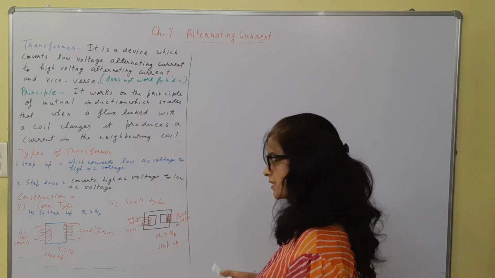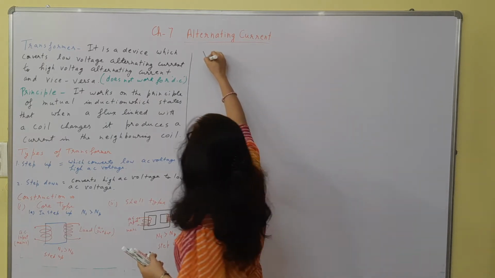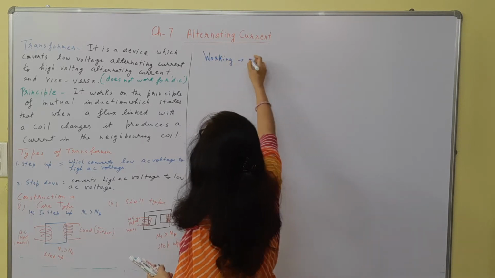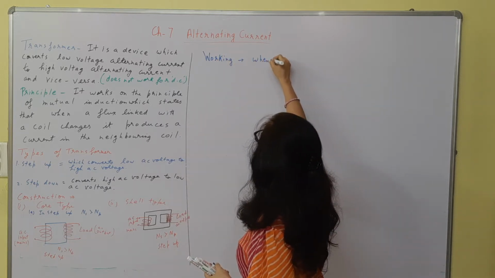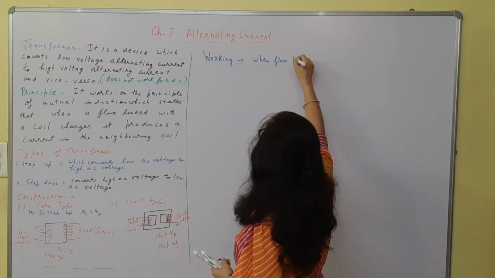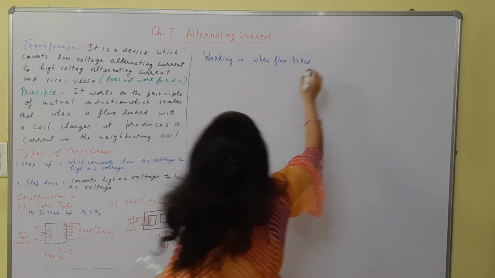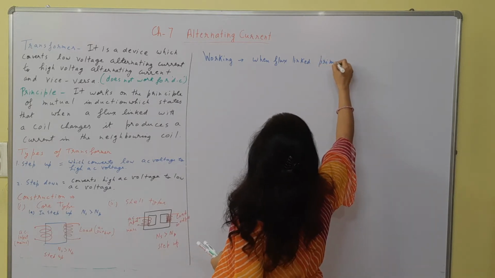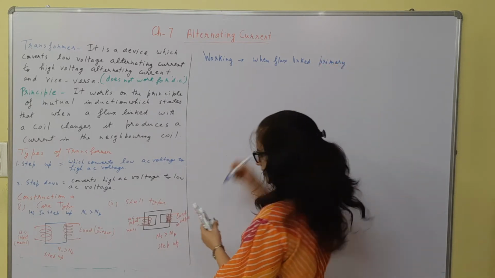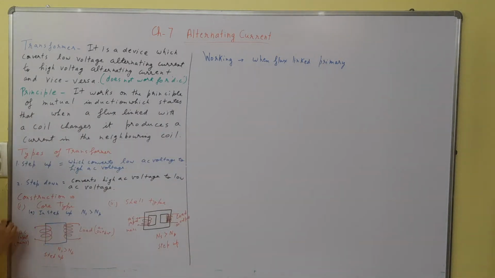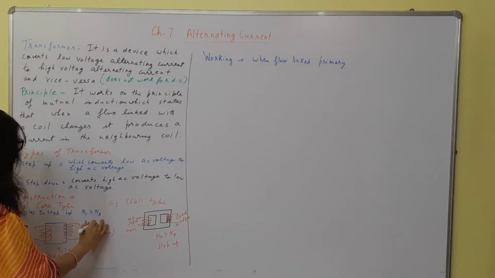Then we have its working. Working, as we know, is that when the flux linked with the primary, let me mark the input as primary, and this side coil is called the secondary.